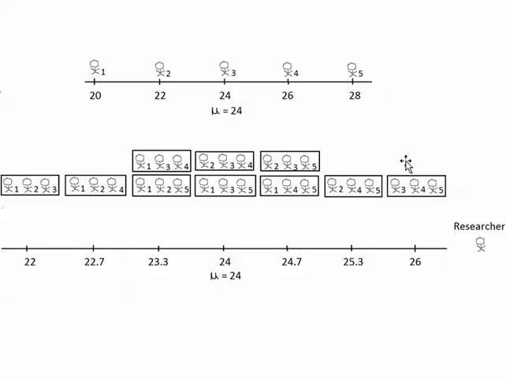And when I randomly select a sample of 3 people, one of these samples will end up falling to be my actual sample that I actually select in my study. So maybe I end up selecting person 1, person 4, and person 5 to be my sample, and I record their ages, and my sample mean turns out to be 24.7.